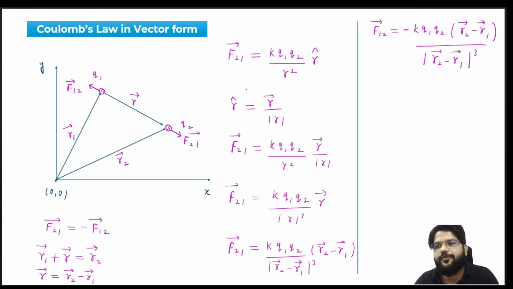This is the value of F12. If you multiply this minus sign inside the bracket, you will get R1 minus R2. So now we have Coulomb's law in vector form, everyone. I hope it is clear how we can write Coulomb's law in vector form.